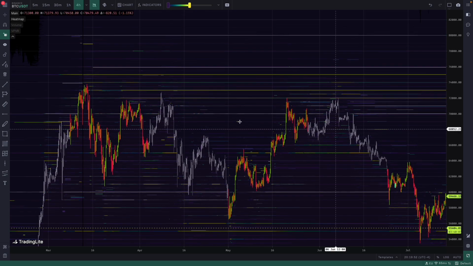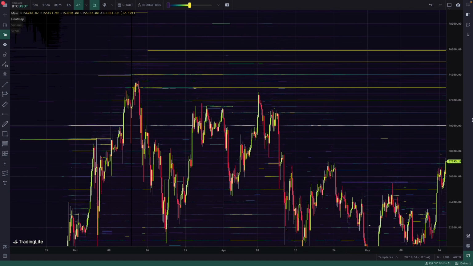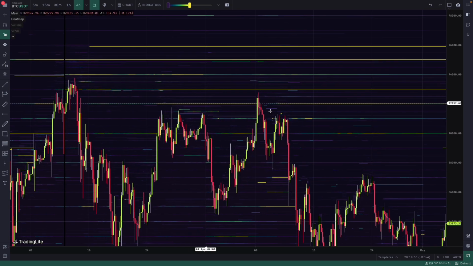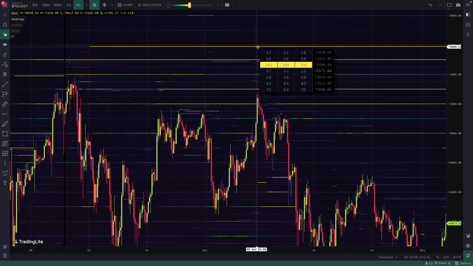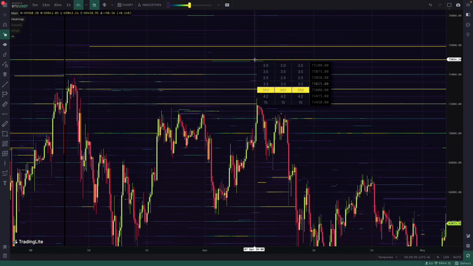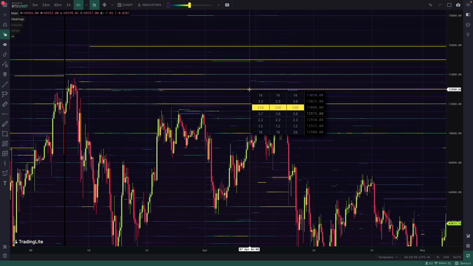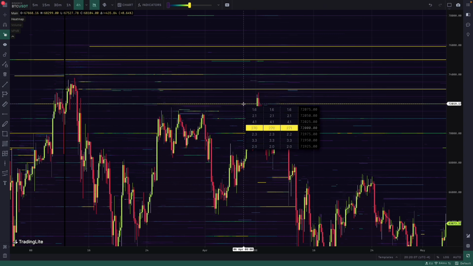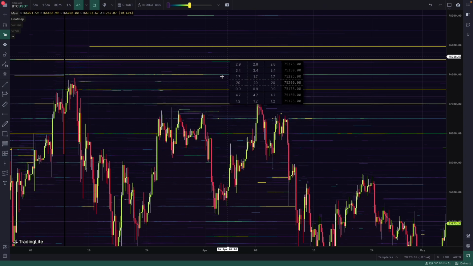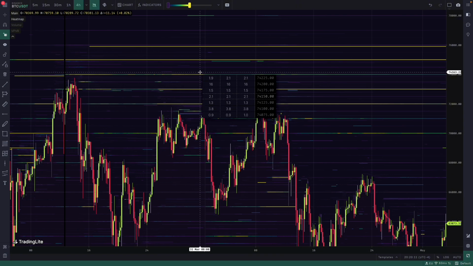But you can see here, when you have a lot of liquidity stacked up here. So for example, let's see here, 200, 300, 400, 500, 600, 700, 800. So about 1,000 BTC, all stacked up in here.